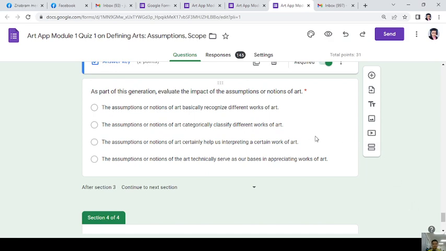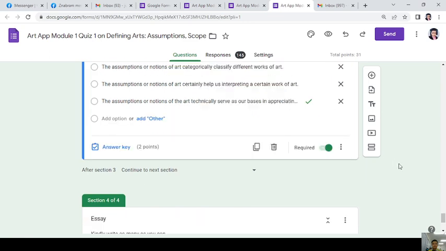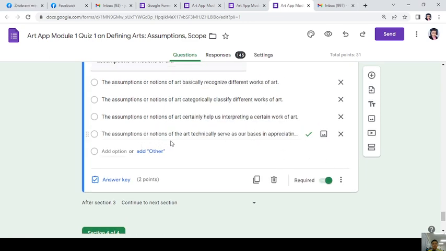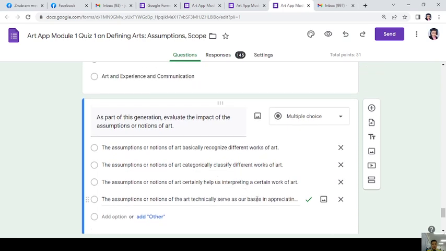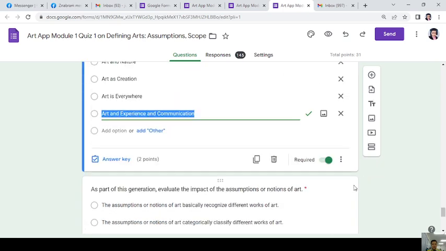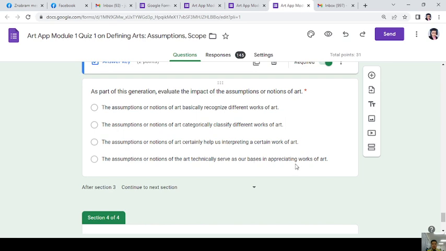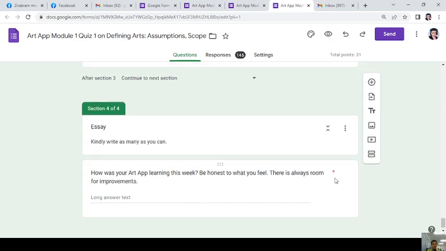So, the assumption or notion of the art technically serves as our basis in appreciating works of art. Okay, that's the correct answer. They technically serve as our basis in appreciating works of arts. So I hope you're doing good with that.